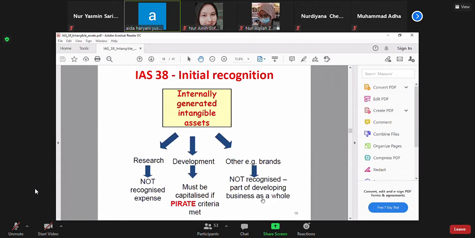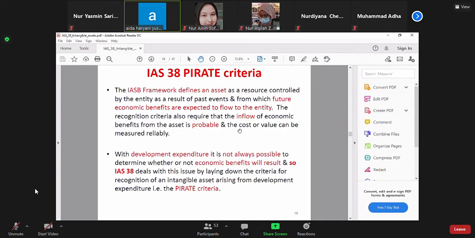I tak boleh nak beritahu example, cannot come out ni. Apa dia pun not sure. Okay. Tapi kalau brands tu, it is not for the purpose of to develop the company ataupun to create more sales, then it will not be recognized as IAS 38. So this one is talking about internally generated intangible assets.